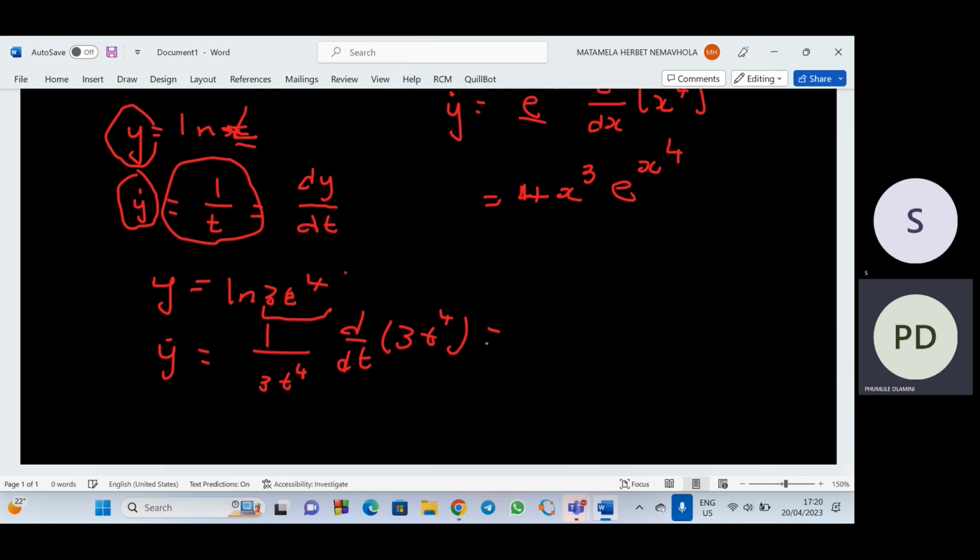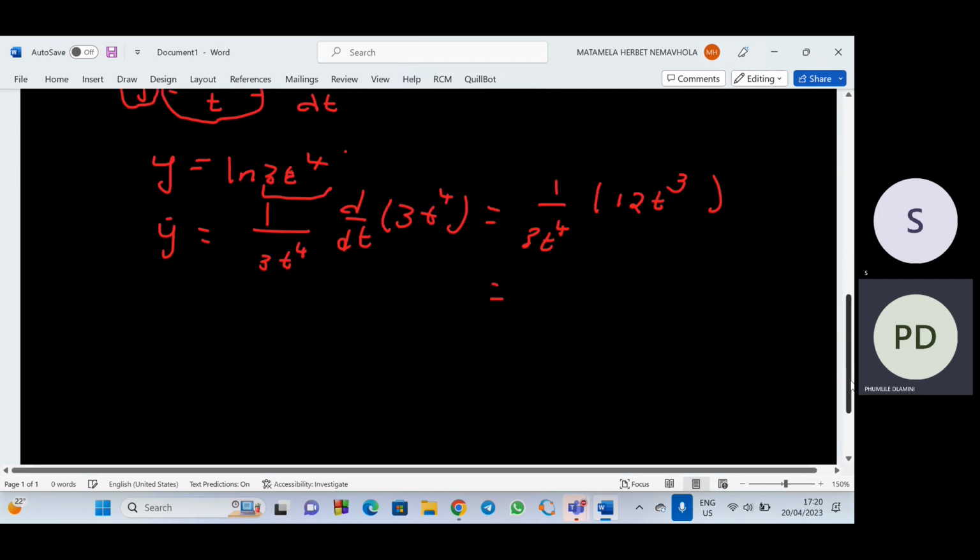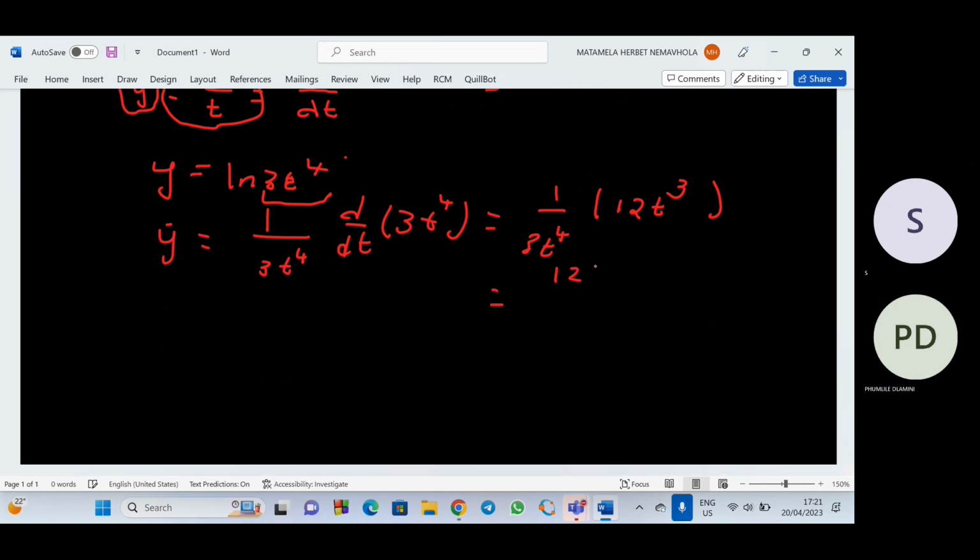So when we differentiate this, it will give us 1 over 3t to the power 4, times this one here, which is 3 times 4, giving us 12t to the power 3, because the 4 is going to go down and we subtract by 1. So if you solve it, your answer is going to be 12t to the power 3 over 3t to the power 4. So 12 divided by 3 is going to give us 4.